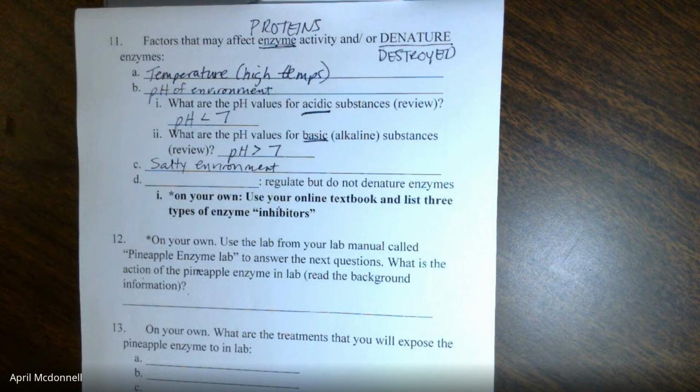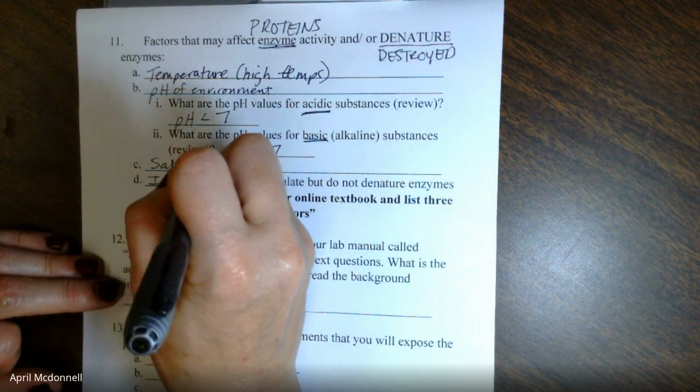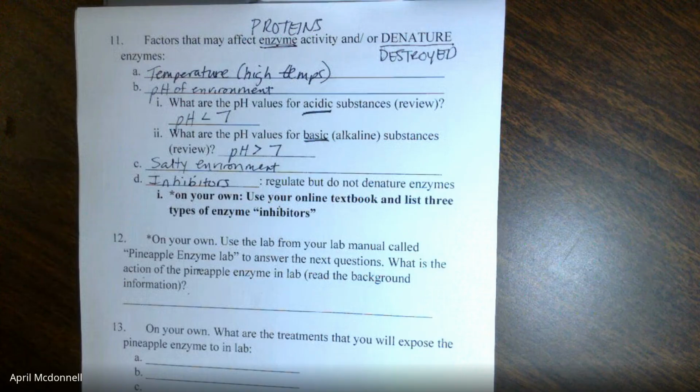We do also have other factors in the environment which end up more or less regulating enzyme activity and not really destroying the enzyme. These substances are called inhibitors. And I want you to read about this section in your online textbook. The rest of these activities are on your own activities that are going to help you prepare for the pineapple enzyme lab.